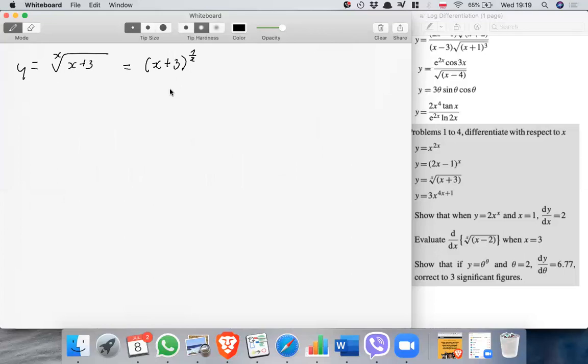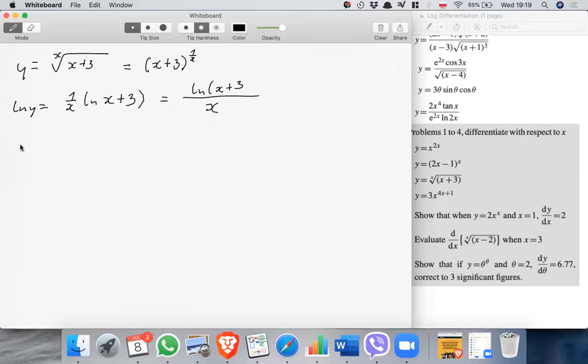Okay, so that's a slightly different expression than what we've dealt with. Now, taking natural log of both sides, we're ending up with 1 over x times natural log of x plus 3, or I can rewrite it as natural log of x plus 3 all over x.